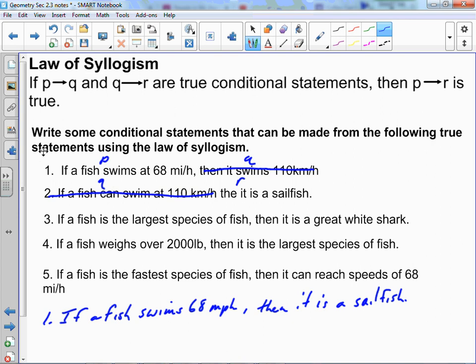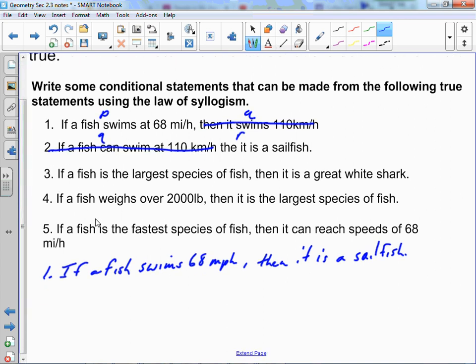All right, so then if we look at the next two statements: if a fish is the largest species of fish, then it is a great white shark. If a fish weighs over 2,000 pounds, then it is the largest species of fish. So when we look at these two statements, the hypothesis of this one is the same as the conclusion of this one.